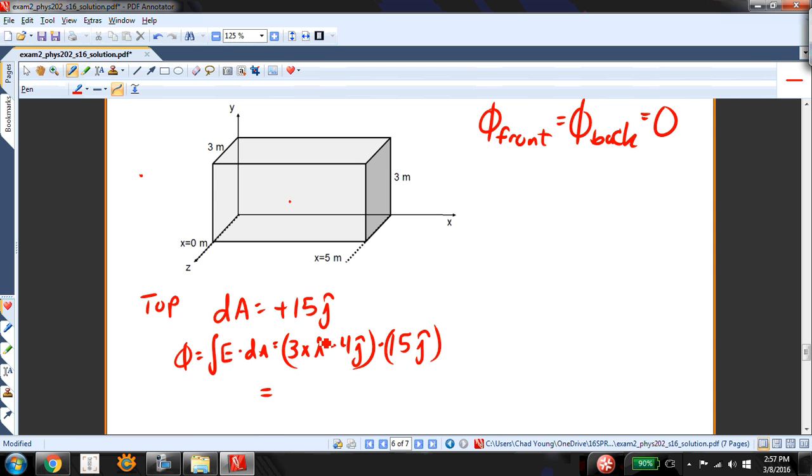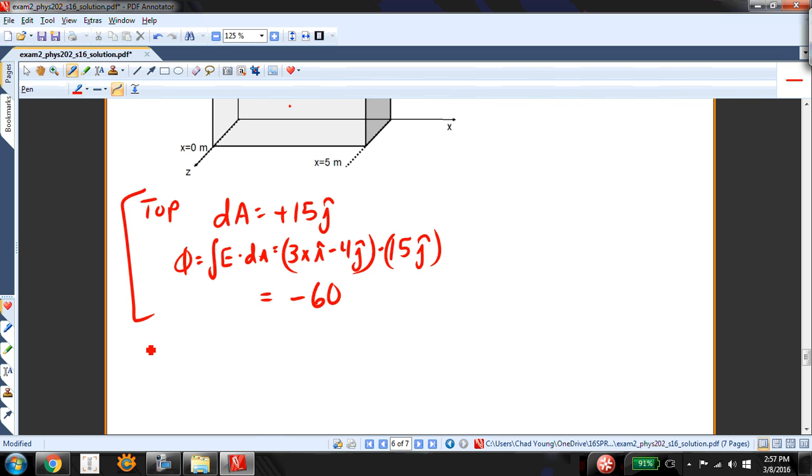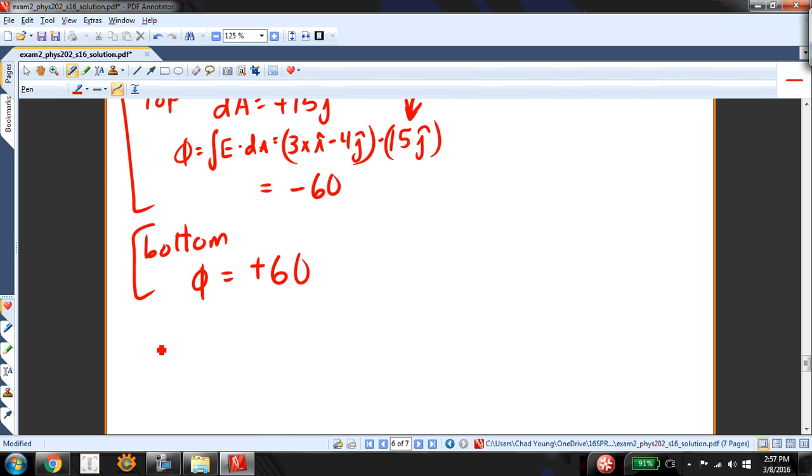And of course the i dot j term goes away, and we're left with negative 60 j dot j, which is just equal to 0. So that's the top. And then the bottom, in a very similar way, the only difference is that now this vector is going to be negative, so our flux is going to be positive 60 because it's exactly the same, except now I have a negative 15j. So that's the top and the bottom.